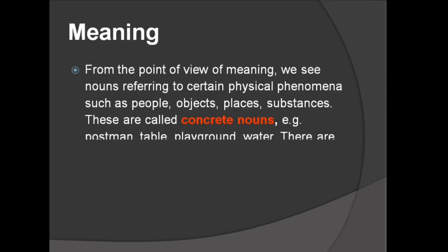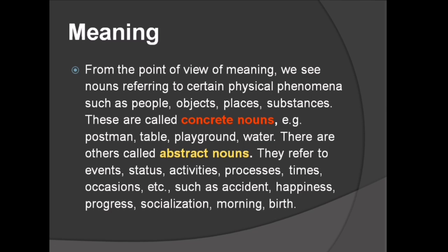Now the next thing that we are going to discuss is the meaning of the noun. So what it implies when you are going to use the nouns. As you know, there are certain types of nouns. For example, the concrete nouns.